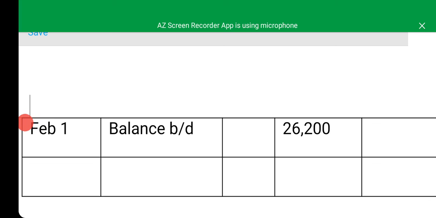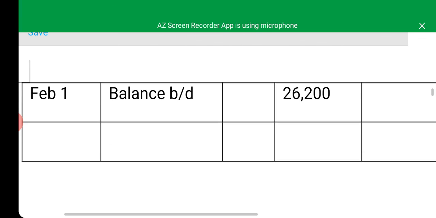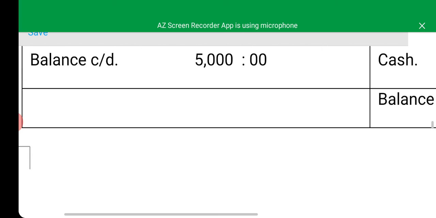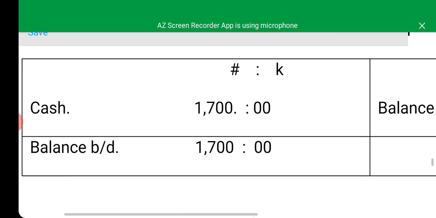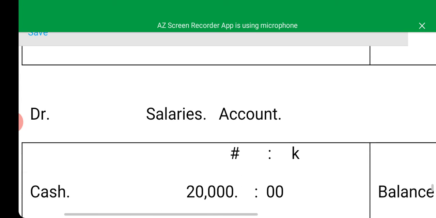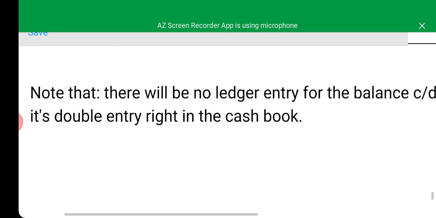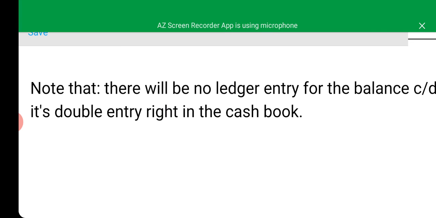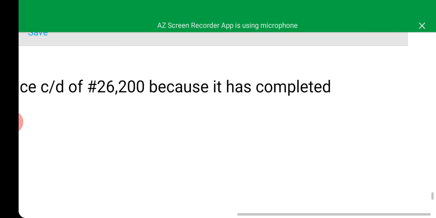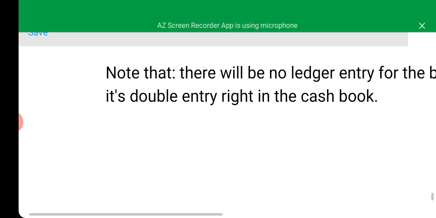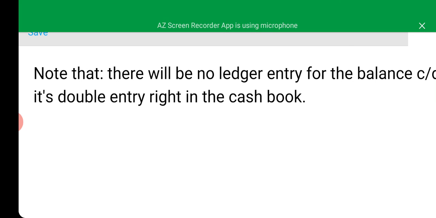We have the credit entry right in the cash book as well as the debit entry right in the same cash book as the balance brought down. So no ledger will be opened for the balance carried down as far as the ledger is concerned. Because it's double entry, as I've said earlier, it has completed its double entry right in the cash book. So far so good.